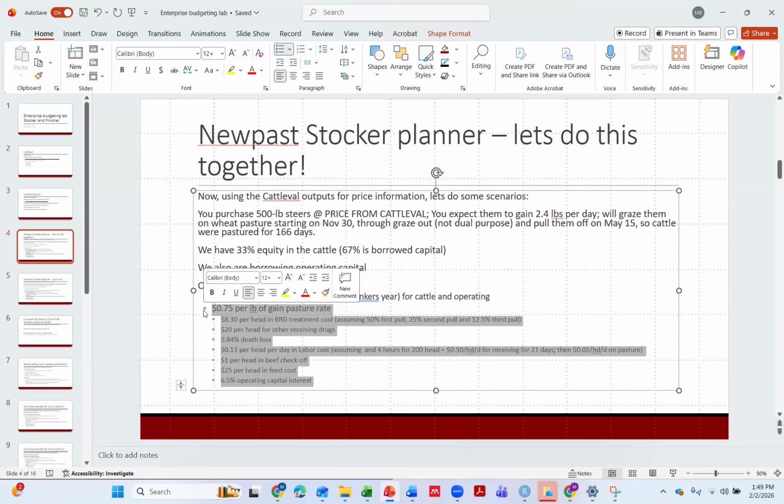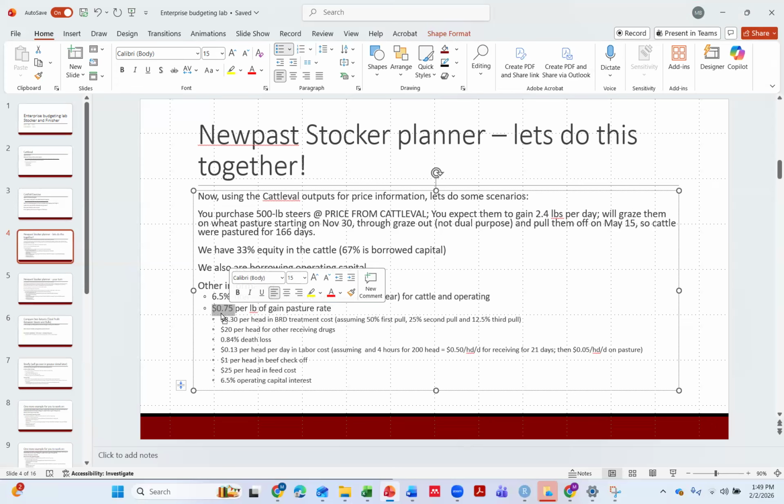It's hard to find these numbers, but my best guess is people are charging somewhere around 75 cents per pound per day. So if you take average daily gain and you multiply it by 0.75, that'll tell you what the charge is per day. All right. So this group of animals, we're assigning $8.30 per head in BRD treatment costs.